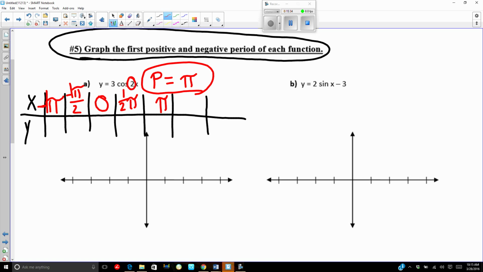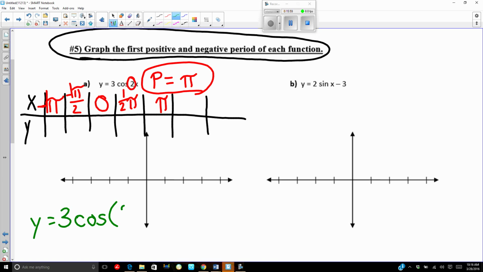So you're going to substitute those values for x and see what you get for y. Again, make sure you are in radian mode. And here's how I'd insert this one into the calculator. So it's y equals 3 times the cosine. I didn't really need to put the multiplication symbol there. You can. It automatically gives you parentheses.